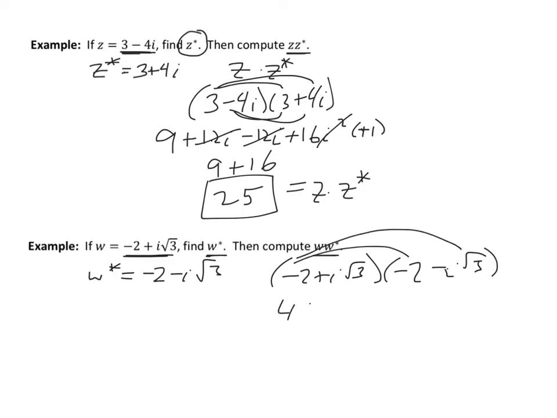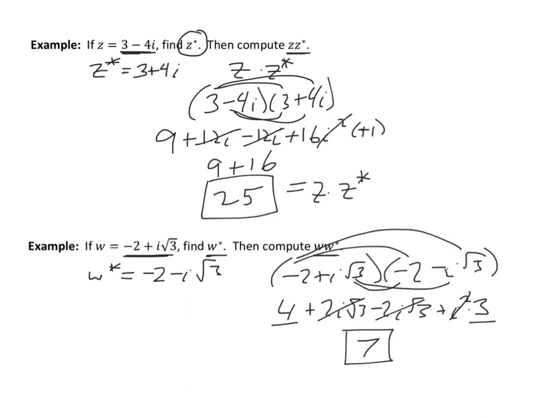This times this is plus 2i root 3. This times this is minus 2i root 3. And finally, this times this is negative i squared, and root 3 times root 3 is times 3. As we've seen before, this i squared becomes negative 1, which is going to cancel that negative. These imaginary parts drop out, and I just get 4 plus 3, which is 7.